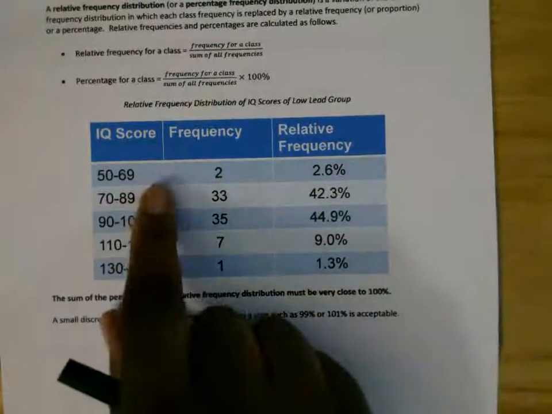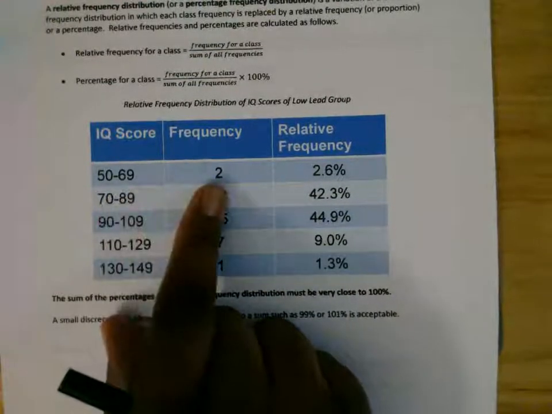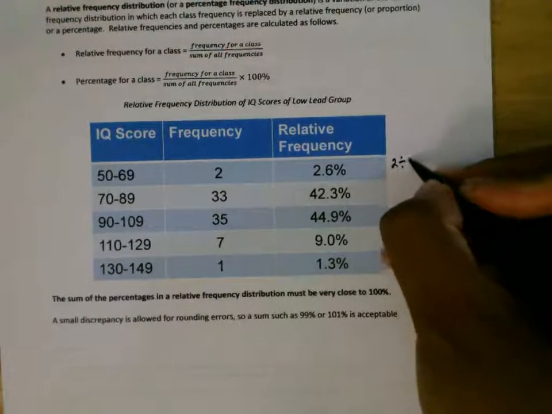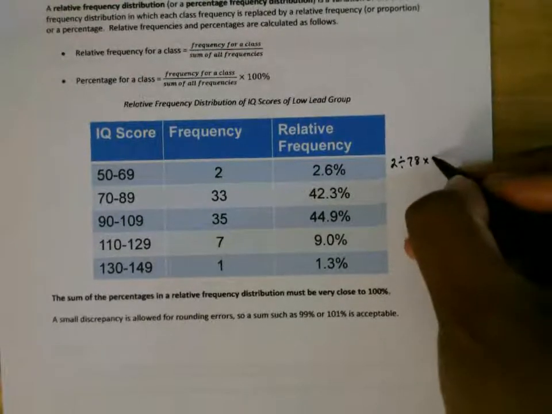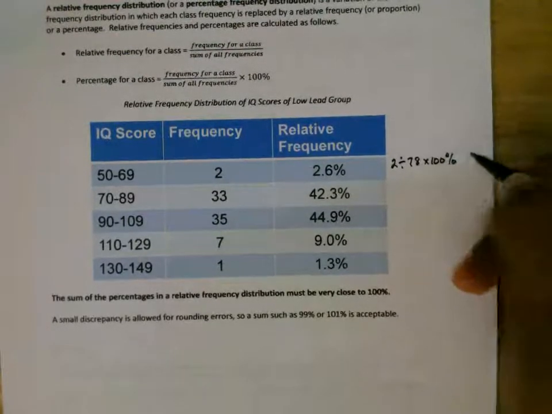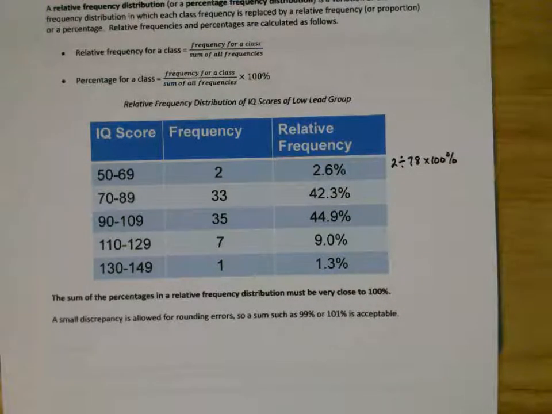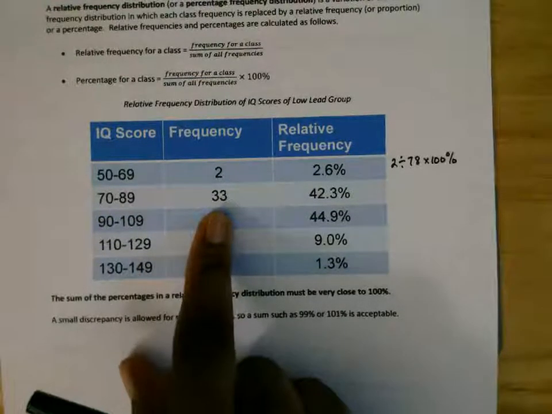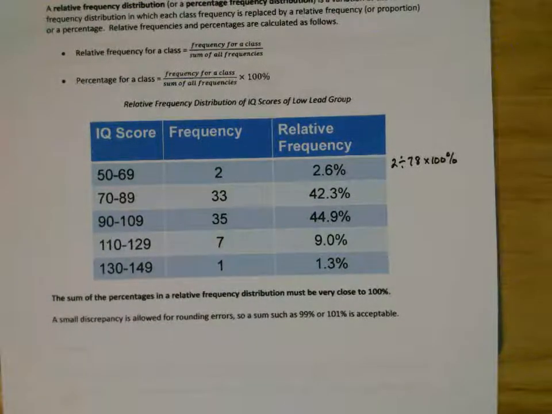That means for 50 to 69, I do 2 divided by 78 times 100%. Here they give the answer to one decimal place, so that relative frequency will be 2.6%. And then for 70 to 89, the frequency is 33, so I do 33 divided by 78 times 100. That gives you 42.3% to one decimal place, and so on.